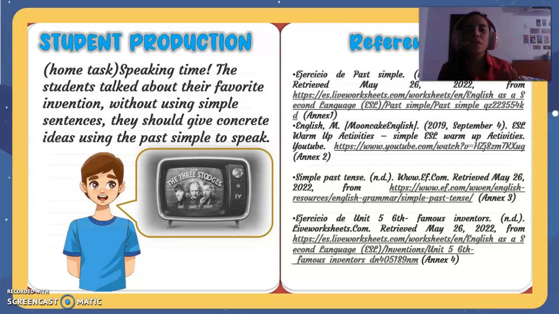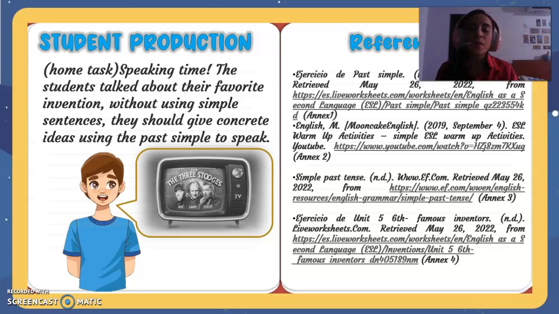But we're not going to focus on just simple ideas like I like the television, or I used to have a television, or the television was invented by. No, something more concrete, something more complex, something that they can explain about the invention that they choose.